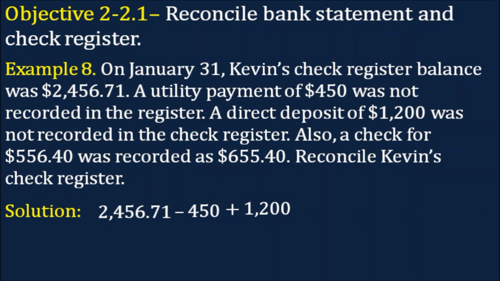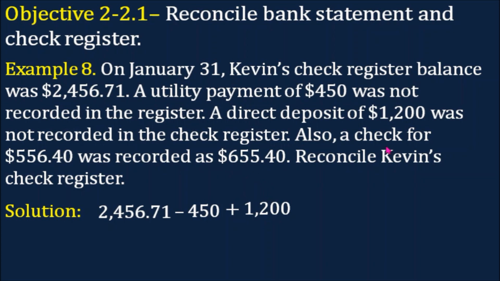Then we have an error here. A check for $556.40 was recorded as $655.40. So to correct the error, we are going to put back the wrong amount that was subtracted.